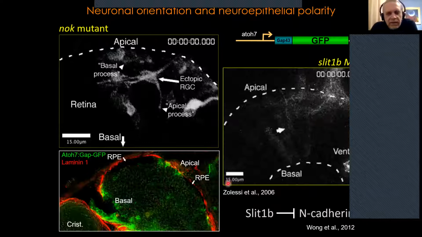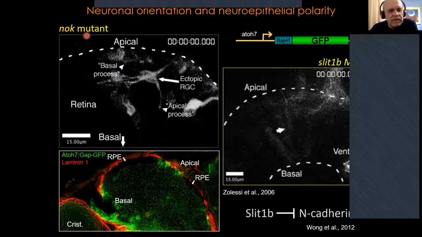Then one thing we wondered, of course, from early stages was what happens if we perturb the apicobasal polarity of the neuroepithelium, and so this is something we did using one of these mutants, which is actually affecting one of these proteins important in the apical complexes. This is PALS1.